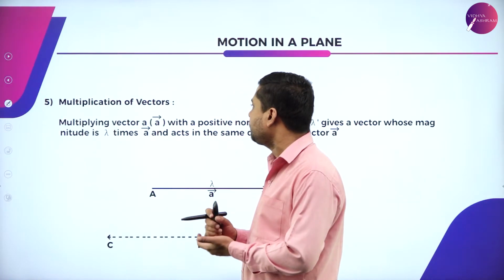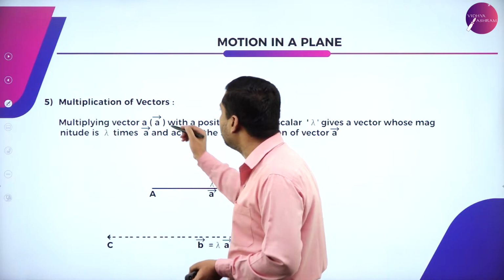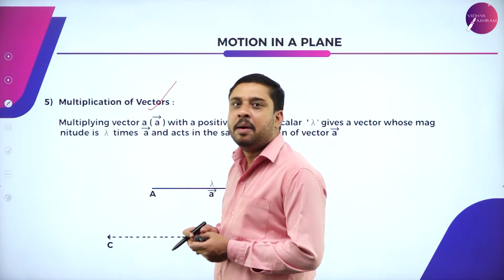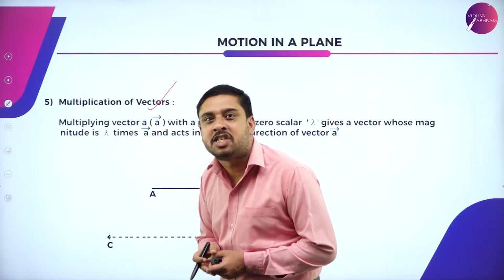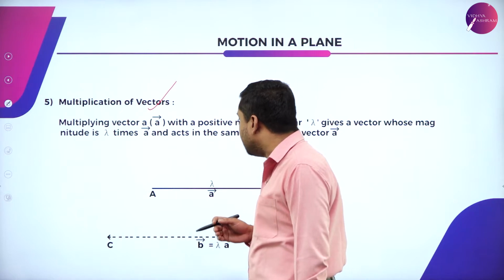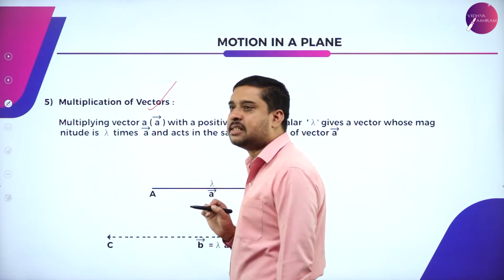Next. Now we understand the concept of multiplication of vectors. Again a directed line segment.